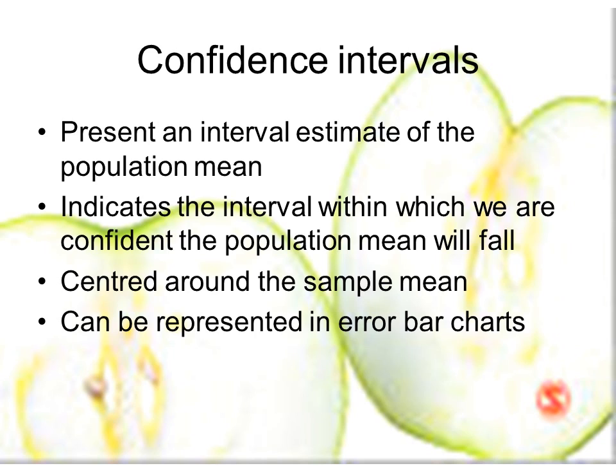It indicates the interval in which we are confident that the population mean will fall. It's usually centered around the sample mean, and the book does have something called an error bar graph that you can show that in a picture form.